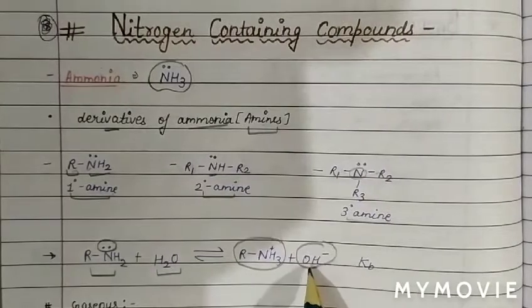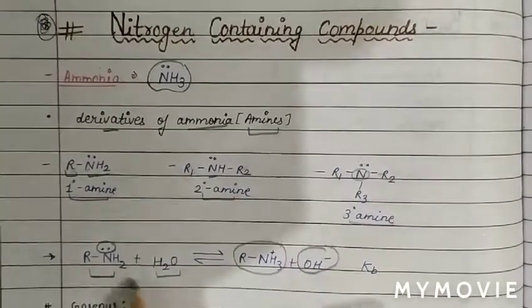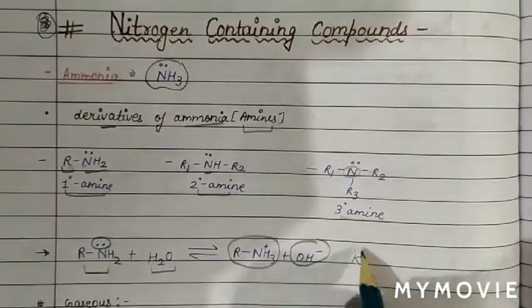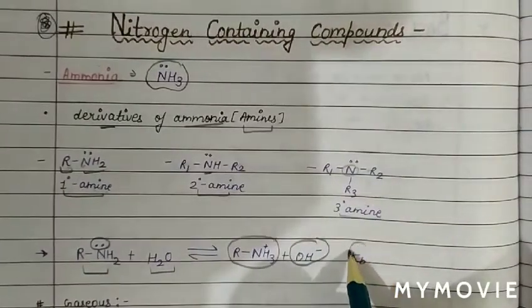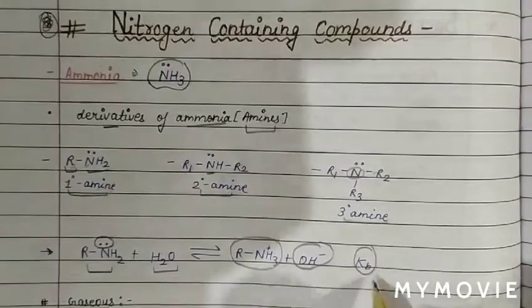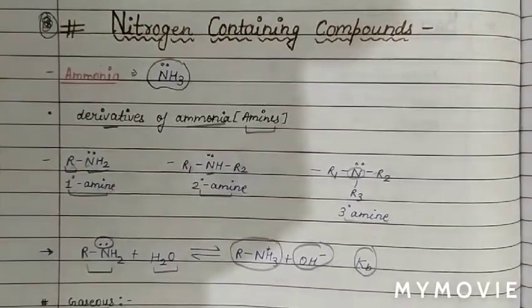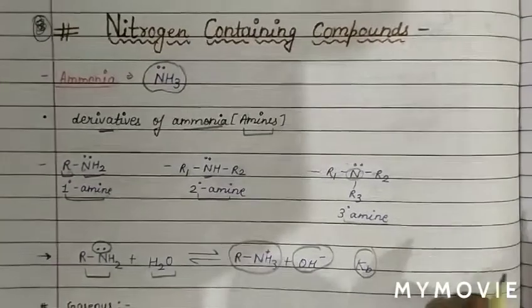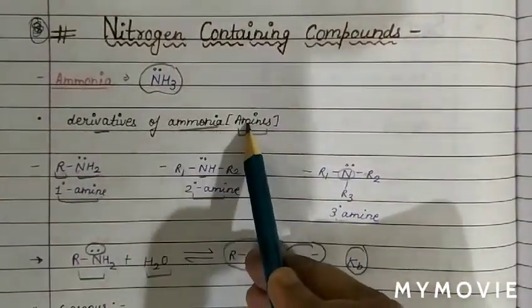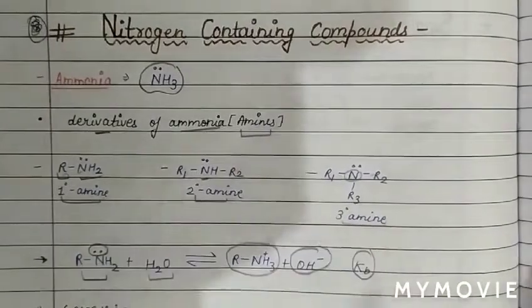Due to this OH minus ion, the amine is basic. When we write the equilibrium constant for this reaction, we get the dissociation constant of the base of the amine. First we will compare the basic nature of amines in the gaseous state.